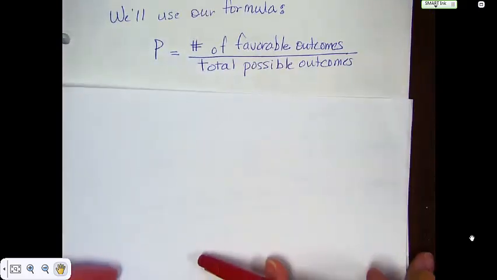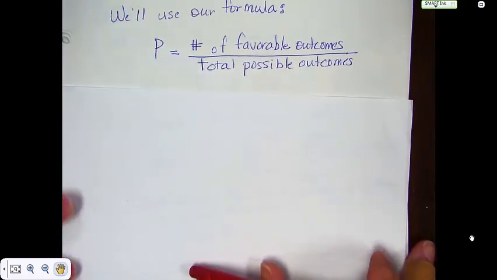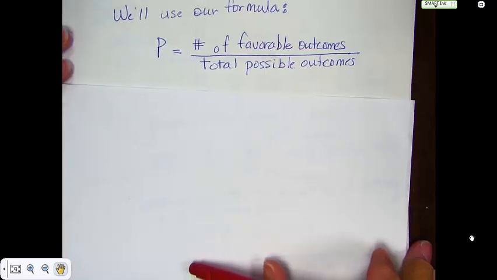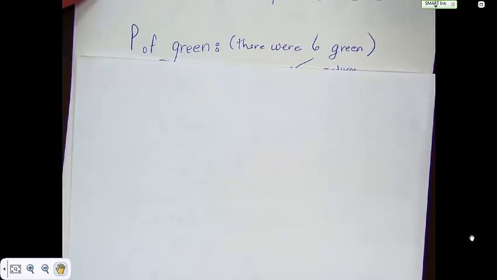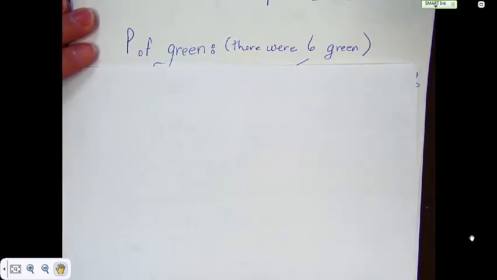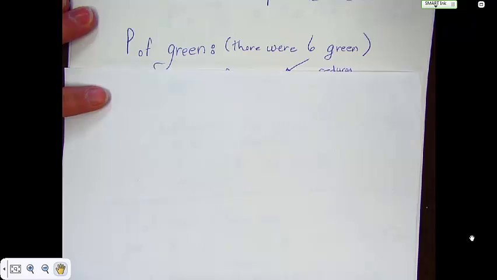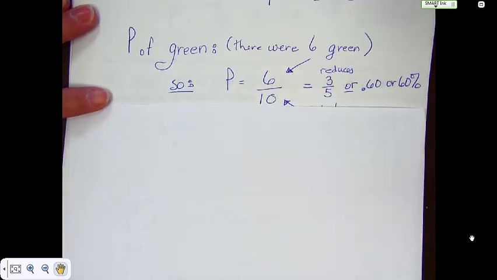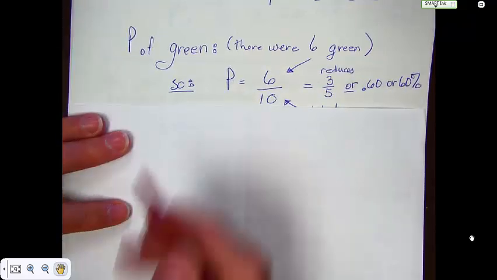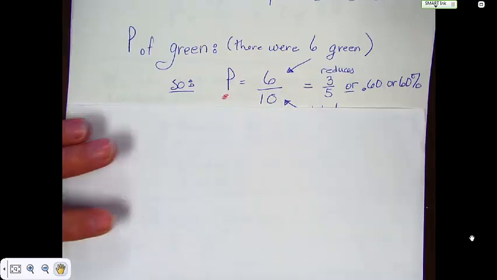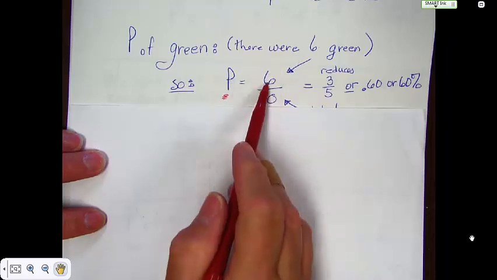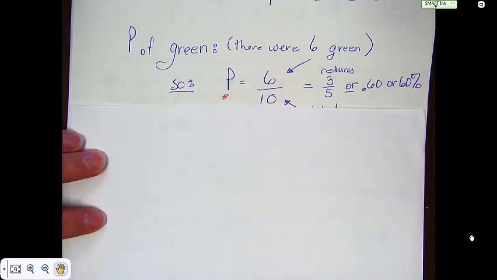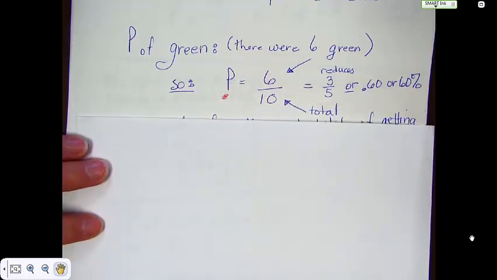Okay, so remember our formula is the number of favorable outcomes over the total possible outcomes. We're going to use that formula. So the chance of getting green. Remember there were 6 green, and there are 10 total marbles. So the probability of getting green is 6, which is the total number of green in the bag, over 10, which is the total number of marbles.